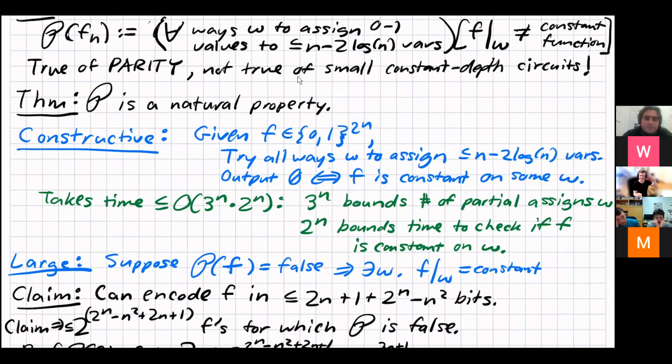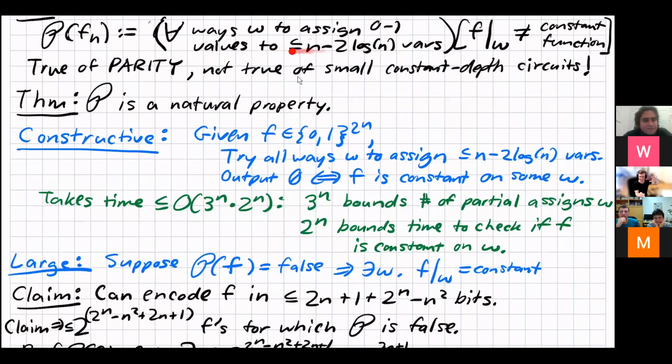Just a really crude upper bound, to show you that it's polynomial time: there's at most 3 to the n partial assignments to bit strings, if I just work over the alphabet 0, 1, don't care. So there's no more than 3 to the n different partial assignments to try.